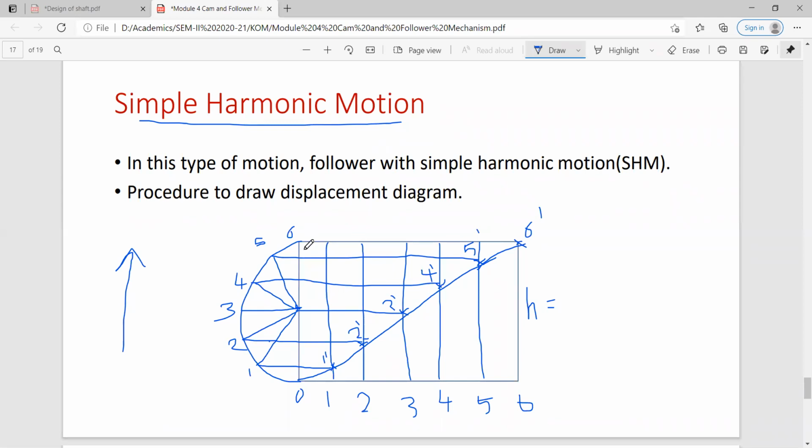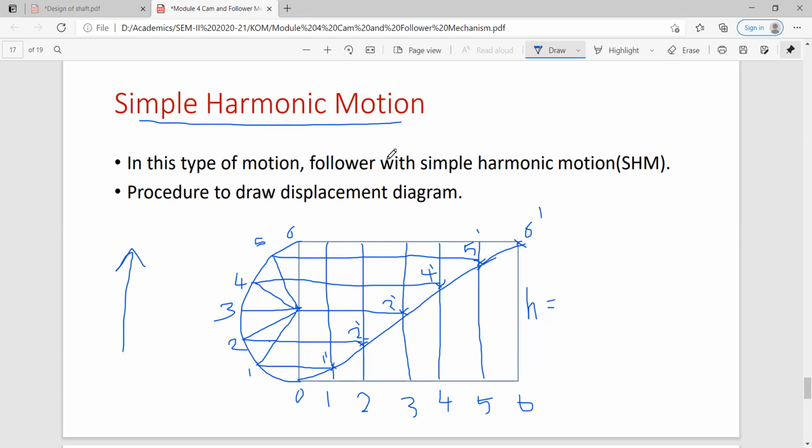Yes, first what did we do? We drew a rectangle. The height of the rectangle was kept equal to the lift of the follower. The length can be anything, but 60 mm is common to take. Then we divided the rectangle into 6 equal parts. Then this lift is taken as the diameter and a semicircle is drawn. This semicircle is divided into 6 equal parts and numbered. Then from these points, horizontal lines are drawn till the vertical lines, and points 1 dash, 2 dash, 3 dash, 4 dash are located. After that, a curve is drawn which passes through all these points.